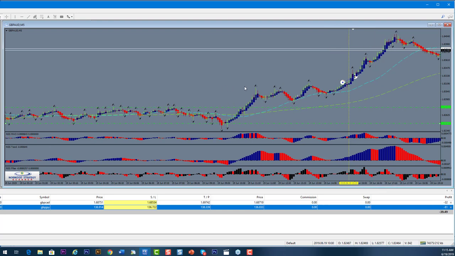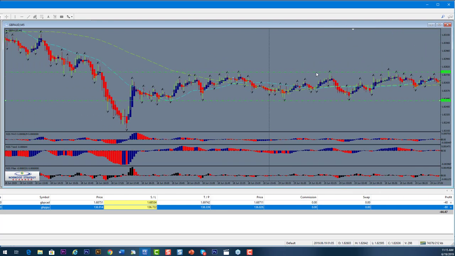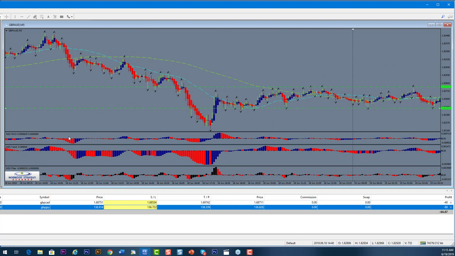And then again, when you do a short trade, short when it crosses, get out when it crosses long. And then come over here, it crosses short, get out, get in, get out, get in, get out. See how that works? Perfect.